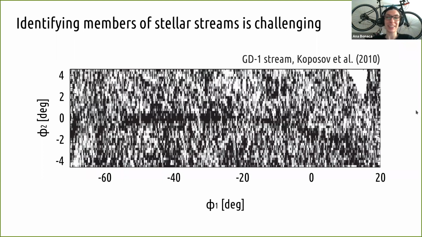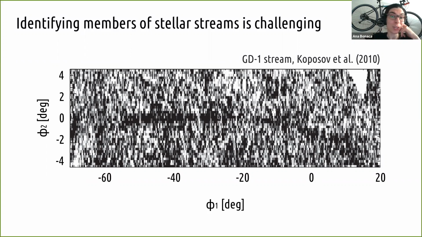However, as I saw on the video before, stars in a stellar stream are expected to be moving along the stream predominantly, and this is why the stream stays so cold or so narrow.